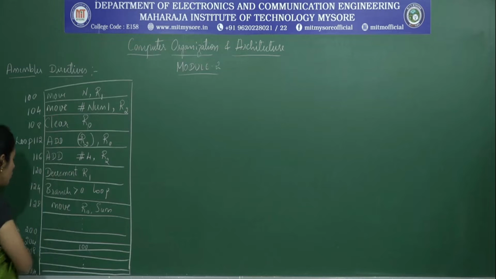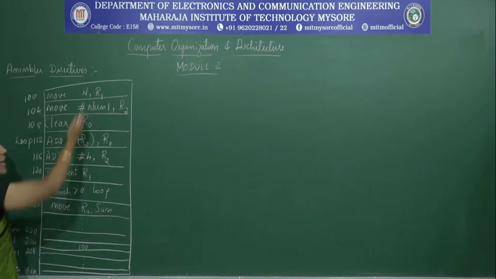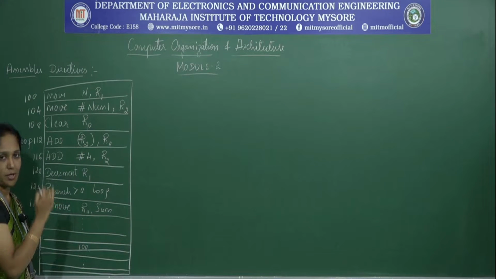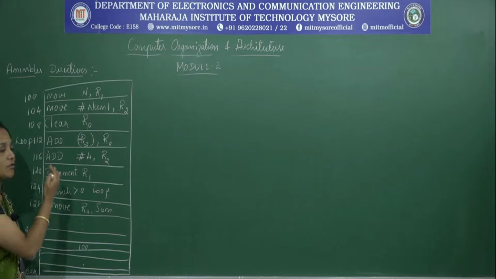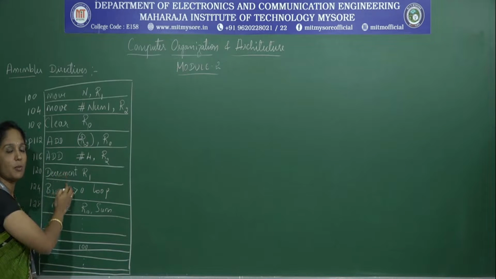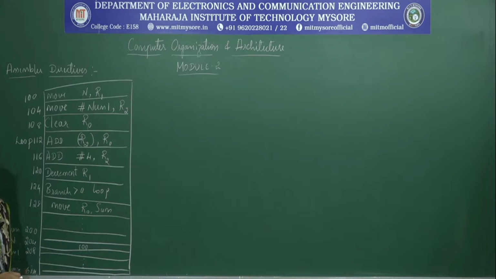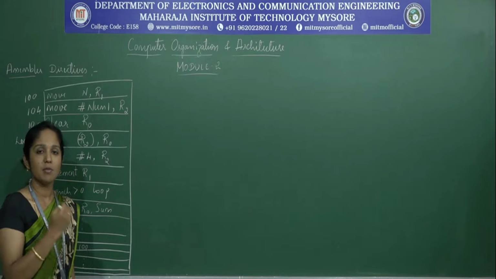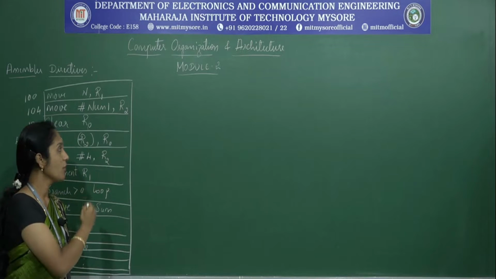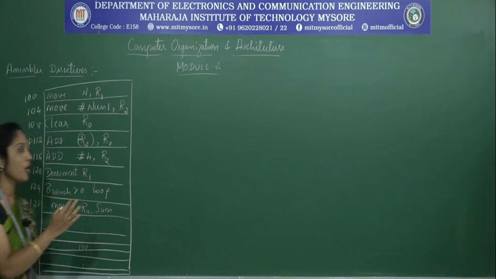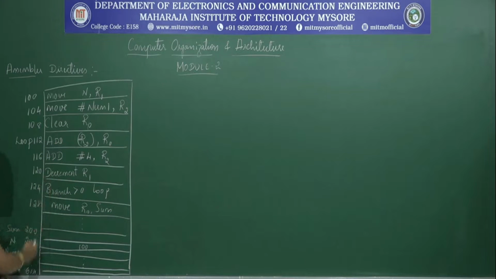This sum should be at 200, and the other instructions whatever I have written, these are the addresses and these are the values of the program. If this is to be the format of the object program, then we need to write the assembly language program for this, so that it appropriately assigns the addresses for all these, as required.